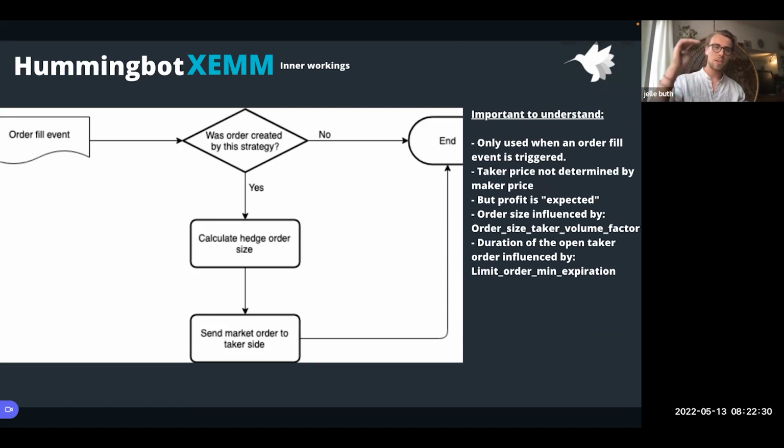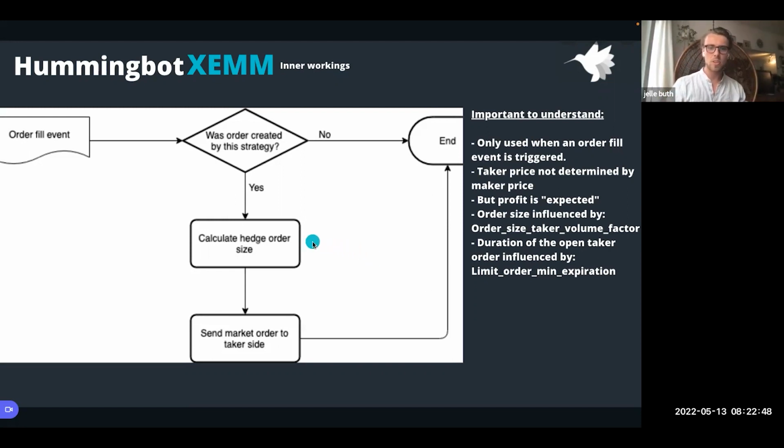This basically means that if 100 tokens are being filled on the maker exchange, how much of that do you want to hedge on the taker exchange? If you set 90, then only 90 of those tokens gets hedged. But I always set it to 100 because I want to trade fully delta neutral.